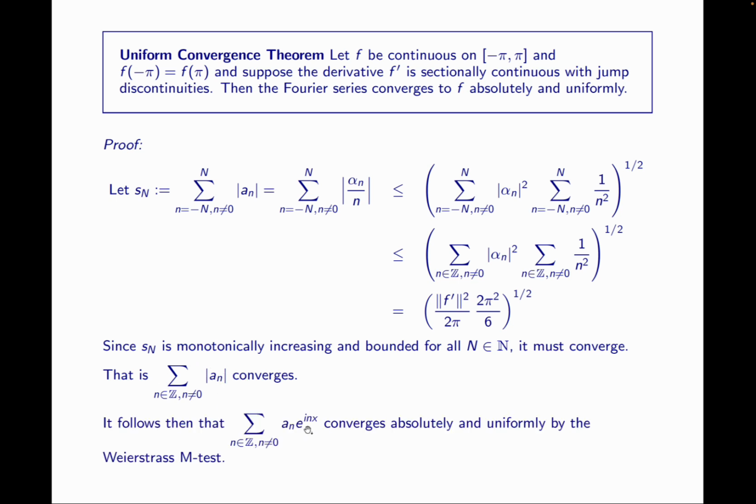And it follows that this series converges absolutely and uniformly by the Weierstrass M-test. And that proves our theorem, that the Fourier series for f converges to f both absolutely and uniformly.